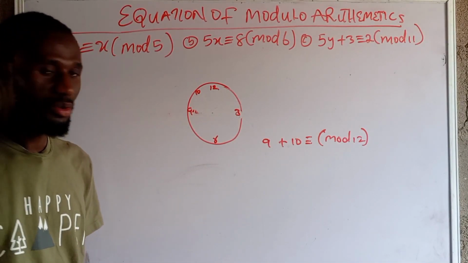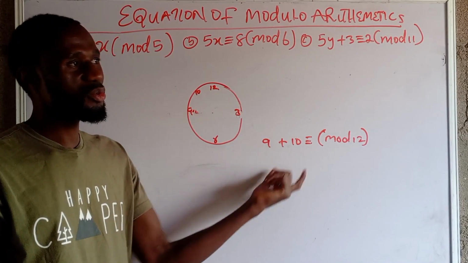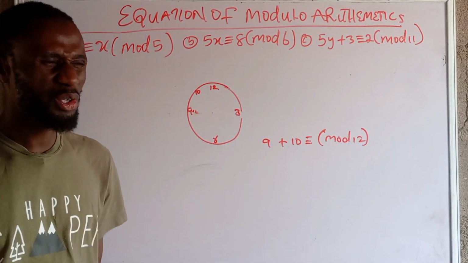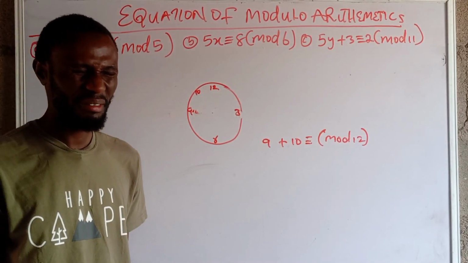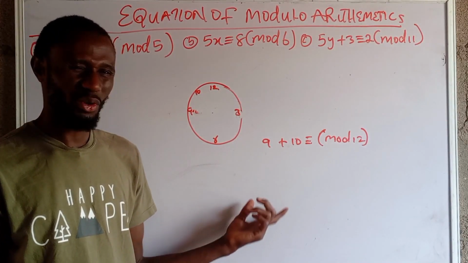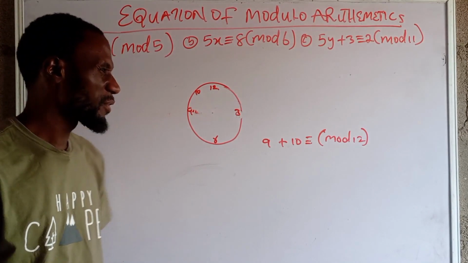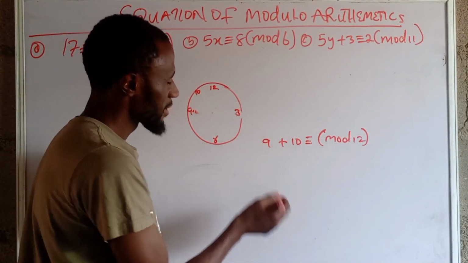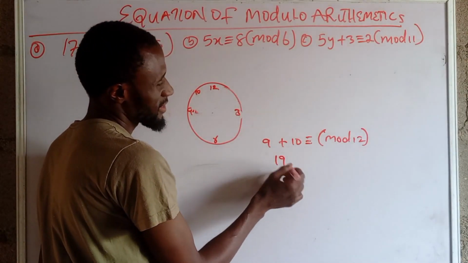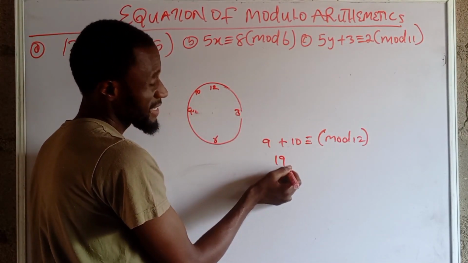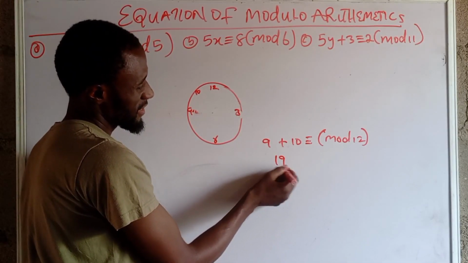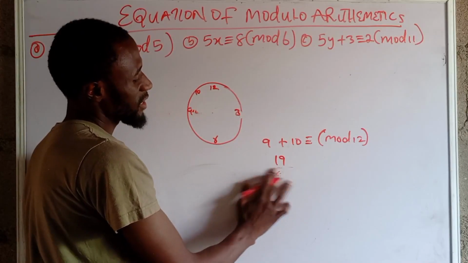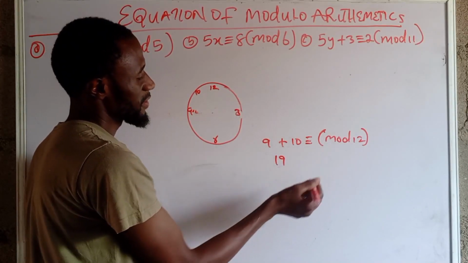This is how the modulo works. For you to know the actual hour after 10, you have to use modular arithmetic. You can add the numbers: 10 plus 9 is 19. Since we are in mod 12, we take 19 divided by 12. How many 12s do we have in 19?